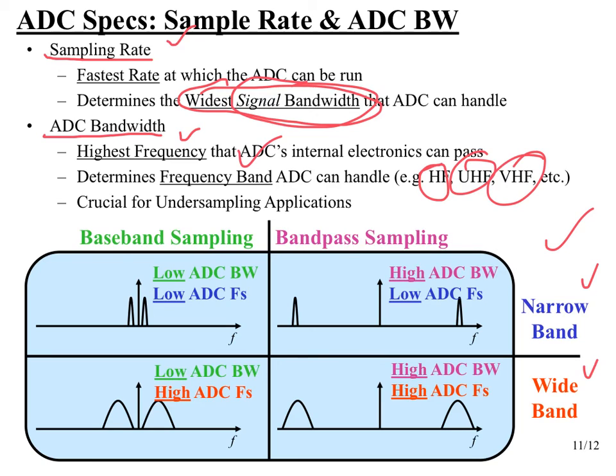For baseband sampling with narrow band, we only need a low A to D converter bandwidth because we don't have signals all the way out here, and we need a low sampling rate because the width of the signal we're processing is fairly small.